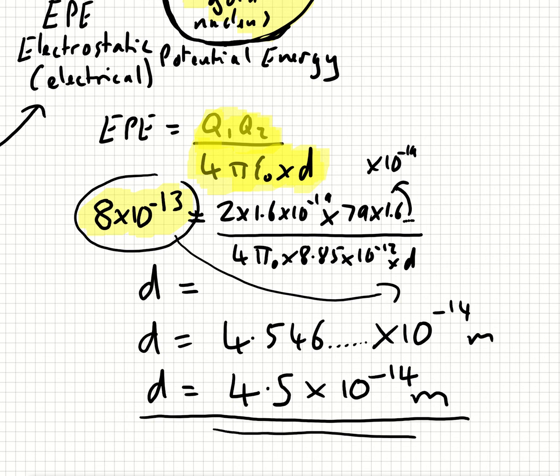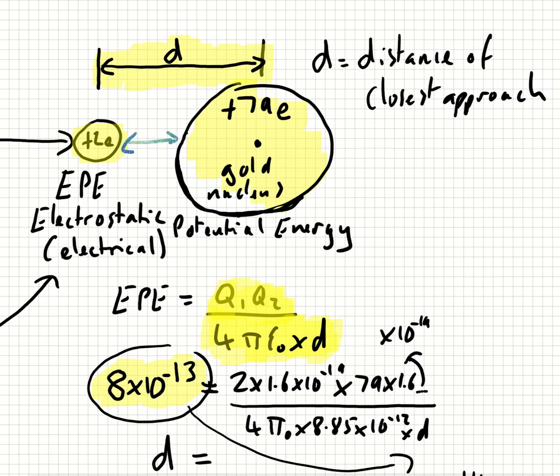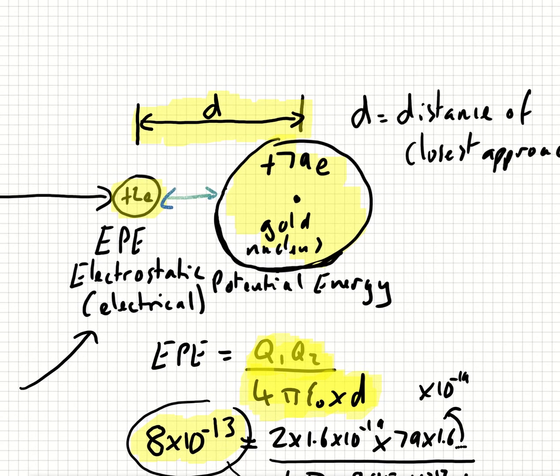So the alpha particle has got incredibly close to the nucleus. And remember, the whole point of doing this distance of closest approach is because if we look back at this diagram, it gives us the upper limit, if you like, for the size, the radius of a gold nucleus.